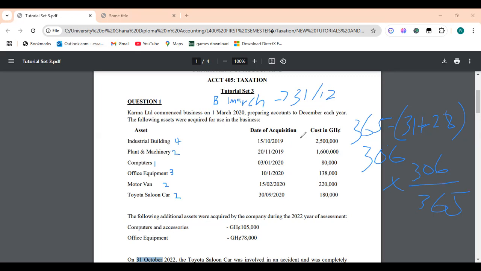Keep in mind that the Toyota Saloon Car has 180,000 Ghana cedis here. But a saloon car is not a commercial vehicle, right? And it cannot carry 13 people. I just said, you go into Voter rating. The last time I visited, some small car that they were using as a taxi, the back was carrying like 5 people.